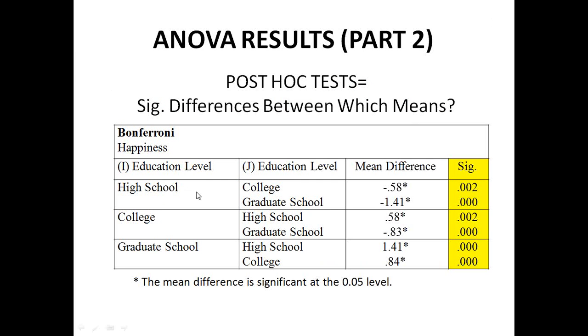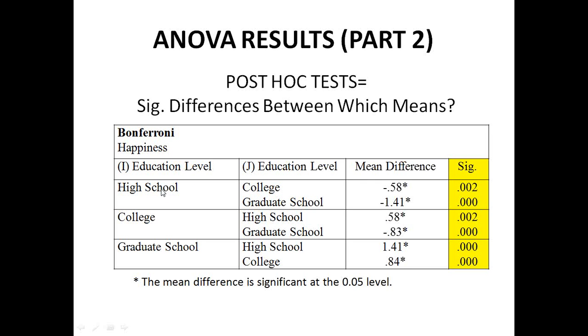So what I said was, high school is the first category, and then it says in reference to college and graduate school right here. So the little asterisk here says the mean difference is significant at the 0.05 level, meaning it's statistically significant for us. And you can also see the 0.00s indicating that same thing.